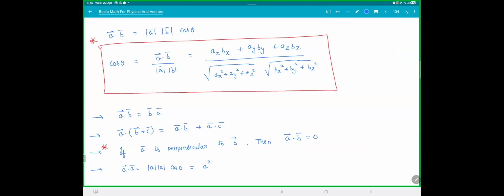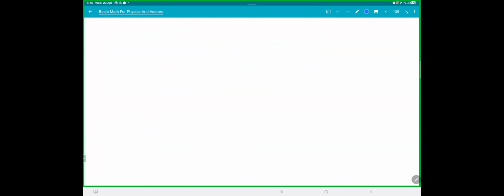But what is the physical significance exactly? Like, how can we think about this physical significance? All clear with this? So the dot product tells you the effect of one vector in the direction of another vector. For example, if this is A bar and this is B bar, and let's say this is theta.